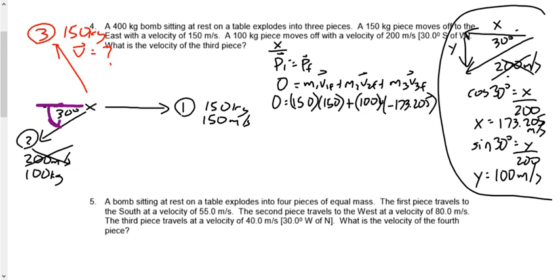Let's highlight that so you can see where that comes from. Negative 173 because it's to the left. Plus M3, which is 150 times V3F. And we solve for that. V3F works out to be negative 34.53.